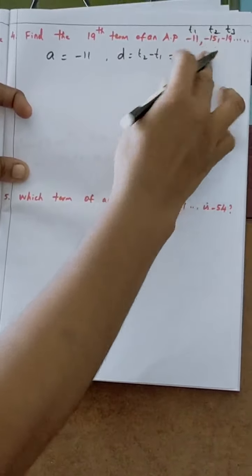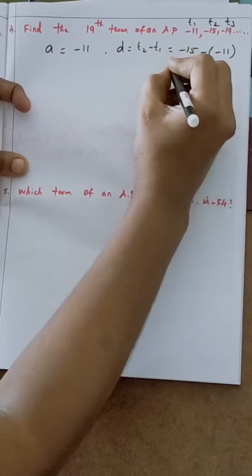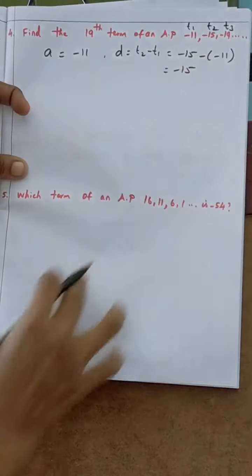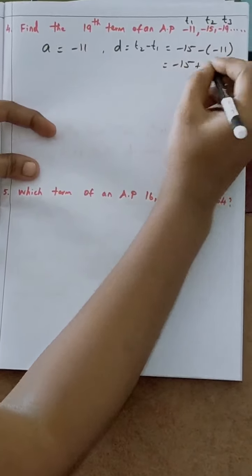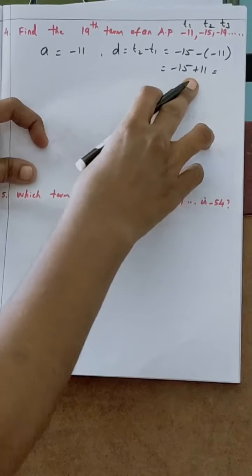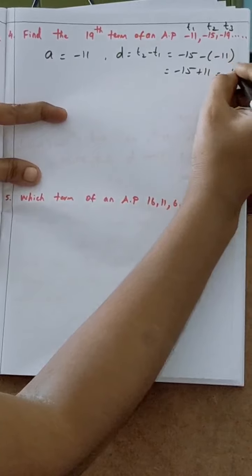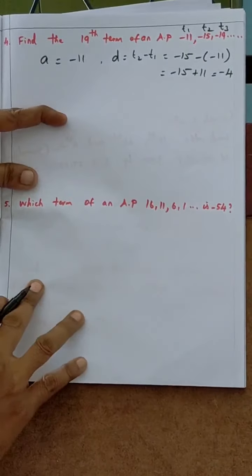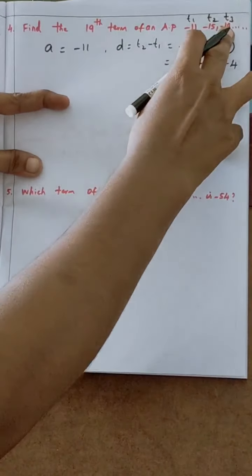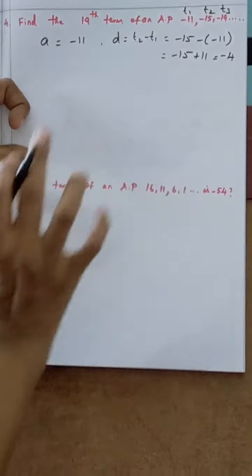So T2 is minus 15 minus of minus 11. Minus into minus changes the sign, it is plus only, plus 11. So what is the answer? 15 minus 11. 15 is the bigger number, subtract the term, it is 4. And the bigger number's sign is minus, so minus 4 only. Check the next term also, minus 19 plus 15. What is the answer? That also is minus 4. So D equal to minus 4.